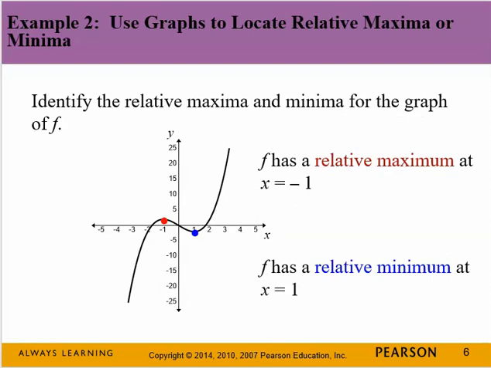So the relative maximum, as we see in red, would be, again, we're talking about x values, is a -1, while the relative minimum is a +1. So again, indicate that on a little sketch.